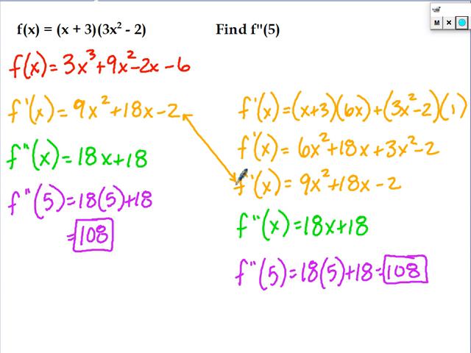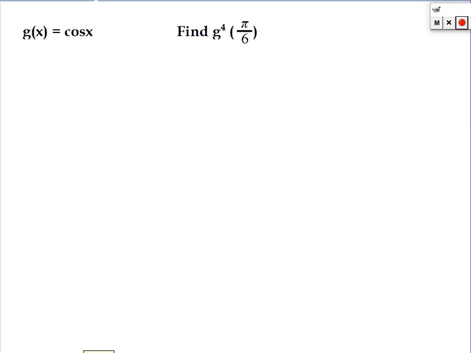Okay, now let's look at trig for just a moment. My trig function here is just cosine. Okay, so now before I even look at this, what they're asking me to find, if I find the first derivative of cosine, the derivative of cosine is negative sine.